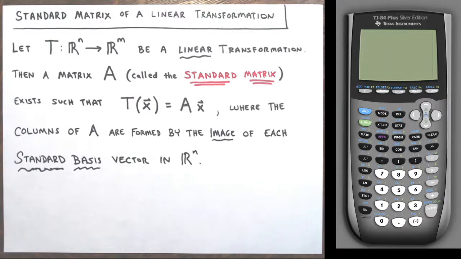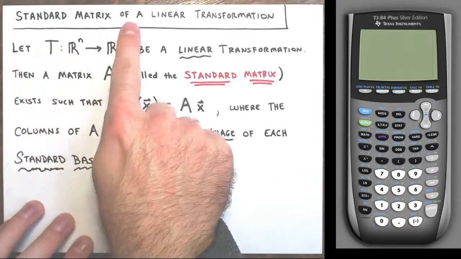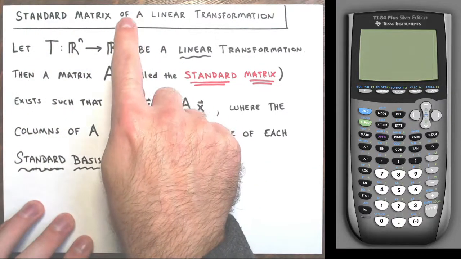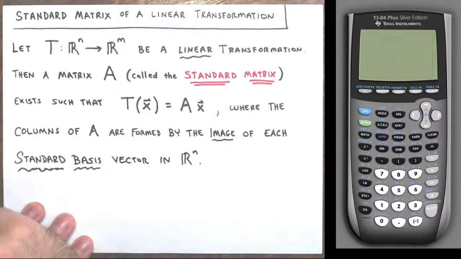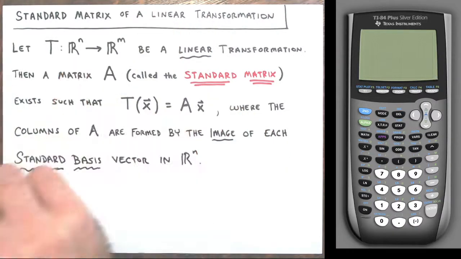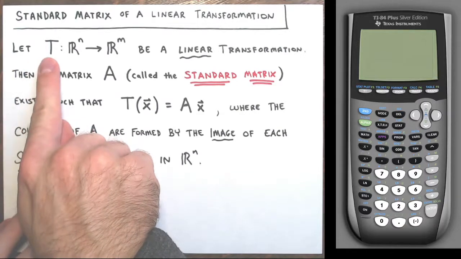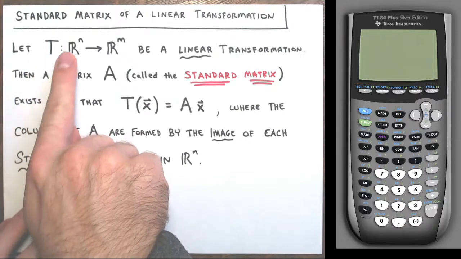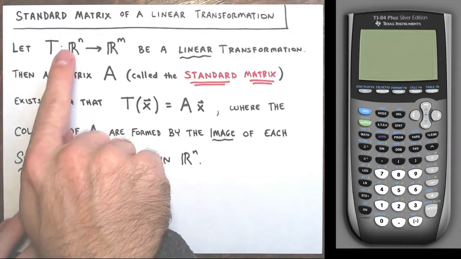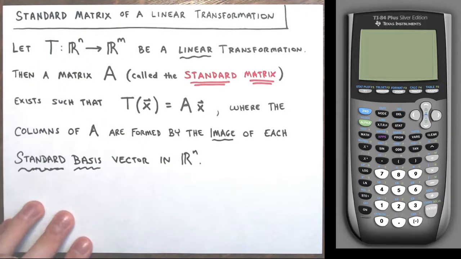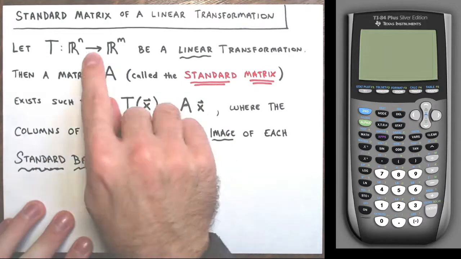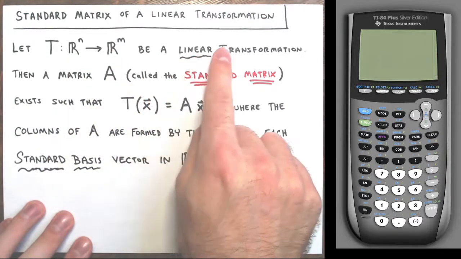Alright, so what is a standard matrix of a linear transformation, or matrix transformation? Let T be a transformation from Rn to Rm. We're only going between Euclidean spaces here under standard operations. Let this transformation be a linear transformation, right?